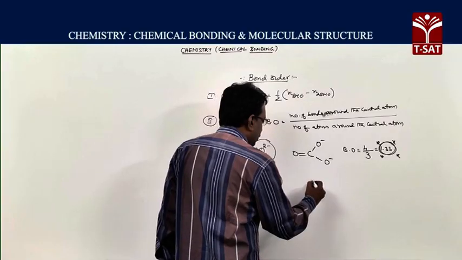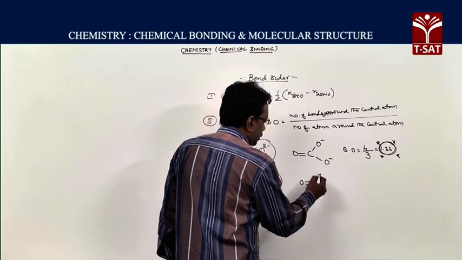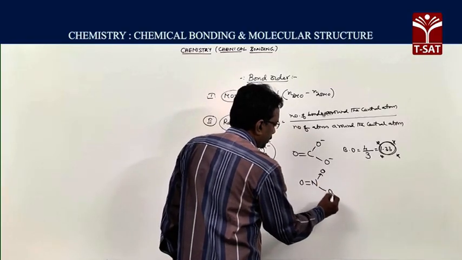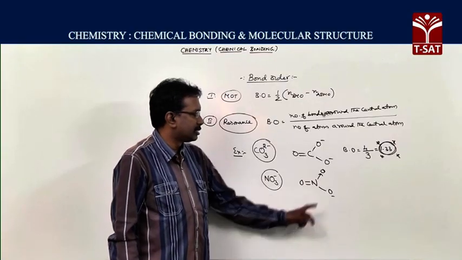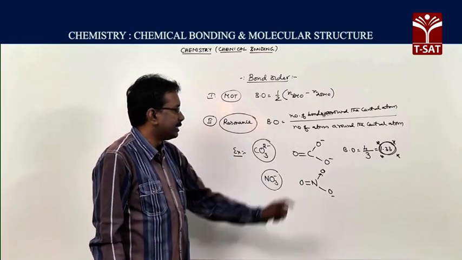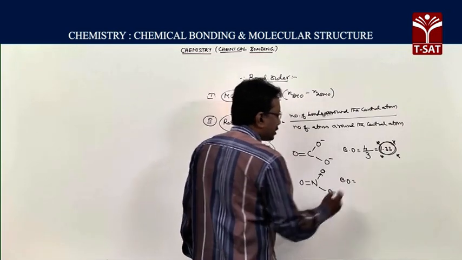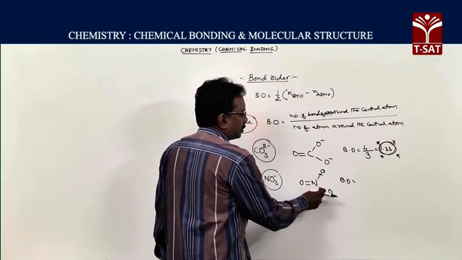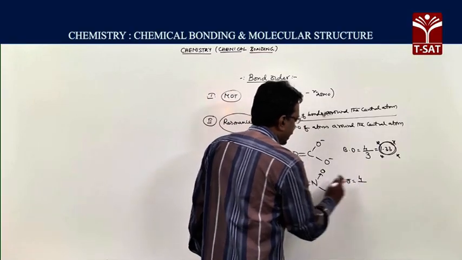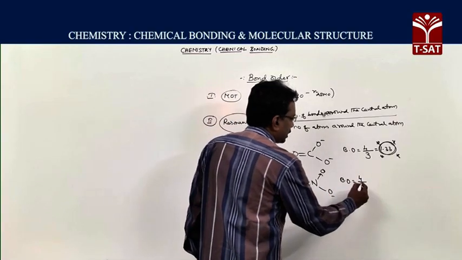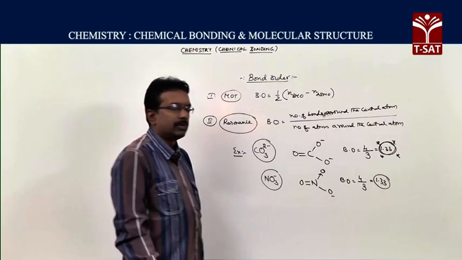In this nitrate ion, nitrogen double bond O, because nitrogen maximum covalency is 4. Then in this nitrate ion, bond order is equal to total number of bonds around central atom 4 by total number of atoms around central atom, that is here also bond order is equal to 1.33.